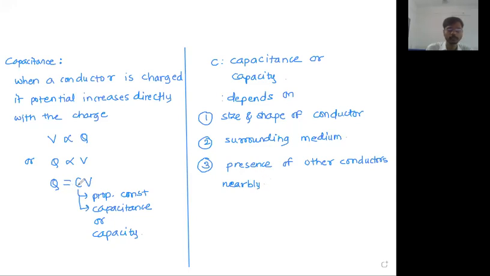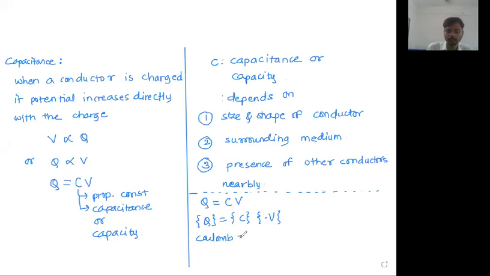All right, now let us try to find out the unit of capacity. These are some basic things that we generally do. This point is over. Capacity depends on, that's a proportionality constant, that's it. Now taking units on both sides, unit of Q is equal to unit of C multiplied by unit of V. Now unit of Q is Coulomb.